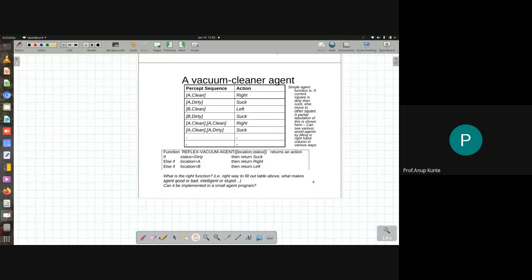Ultimately what we are looking for when we are looking for an agent function is this P star mapped to A. So I'm looking for this particular mapping when I'm creating this function. So a function is like mapping your pre-image to image, right? Action is on the right hand side, and percept sequence is on the left hand side.